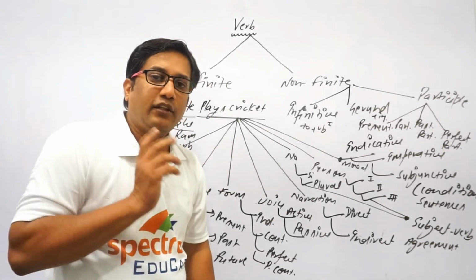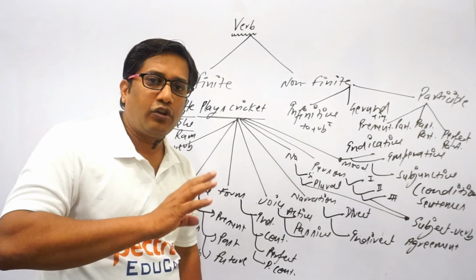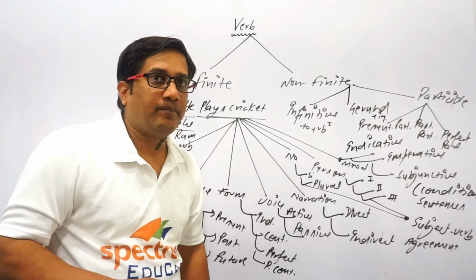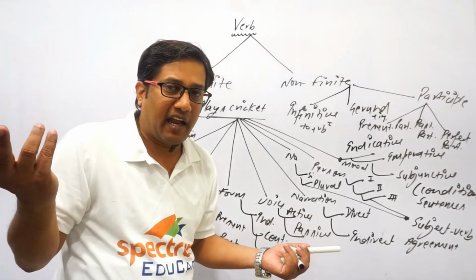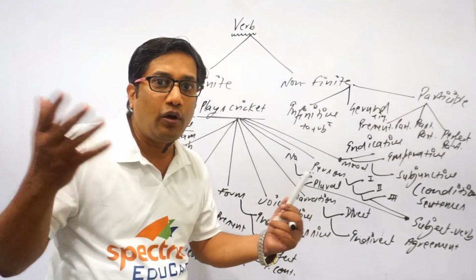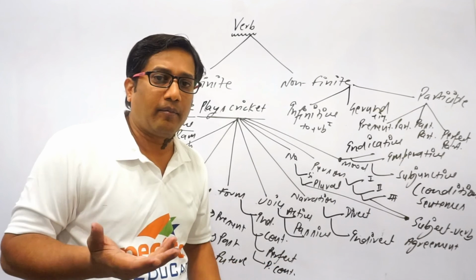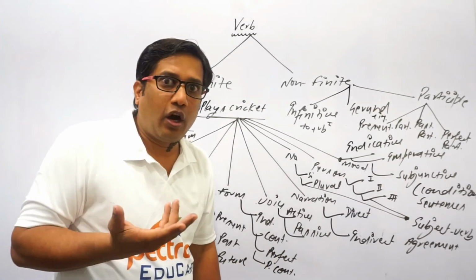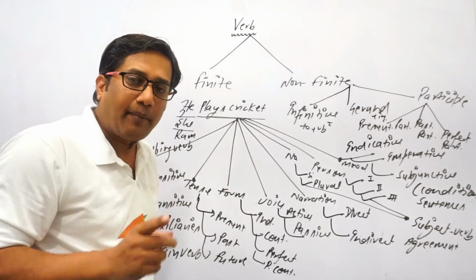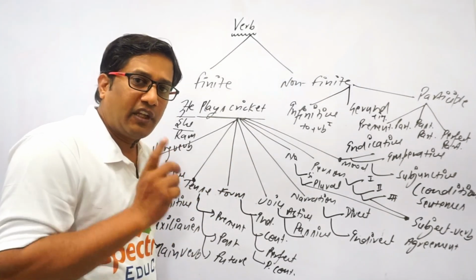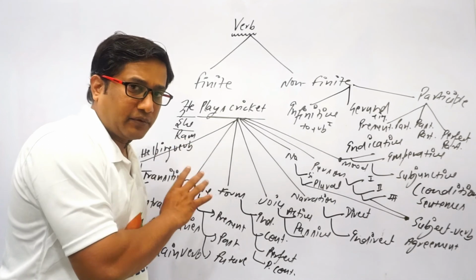Third thing, in your competition there are several questions, errors and improvements, and they are framed from somewhere in the grammar. You have no guess exactly where they got it from. These are the chapters that the best examiners frame their questions from.